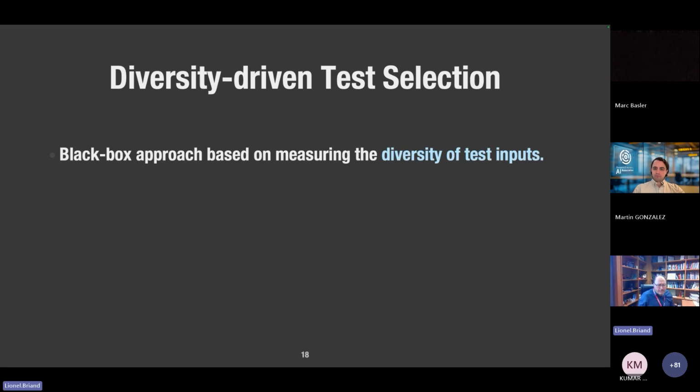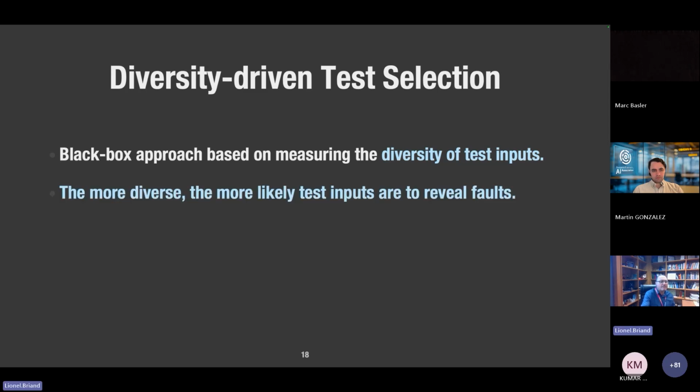We need a black box approach because here, for example, this was part of a project with an automotive company, and they were basically testing the safety of DNNs, but they didn't have access to the training set or the internals of the models. I mean, they were using models from a third party.